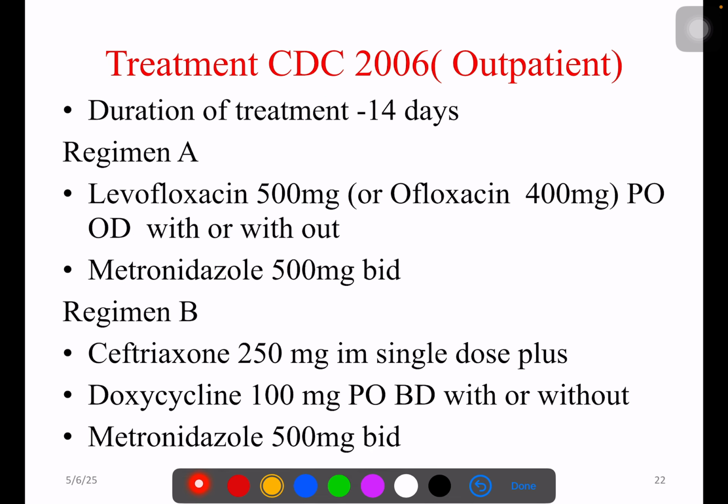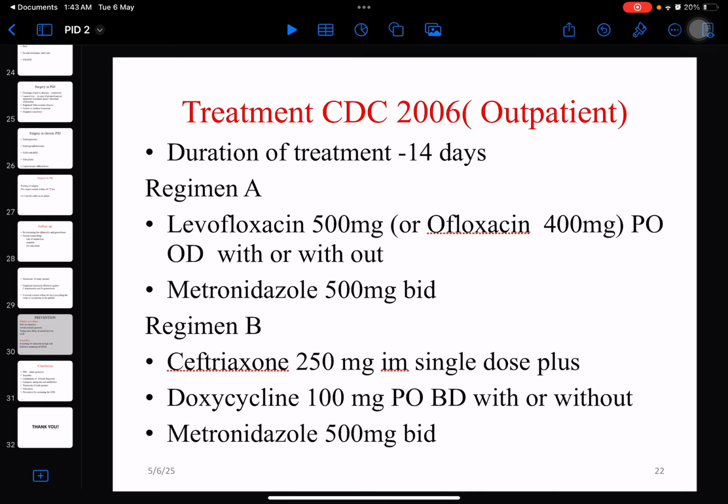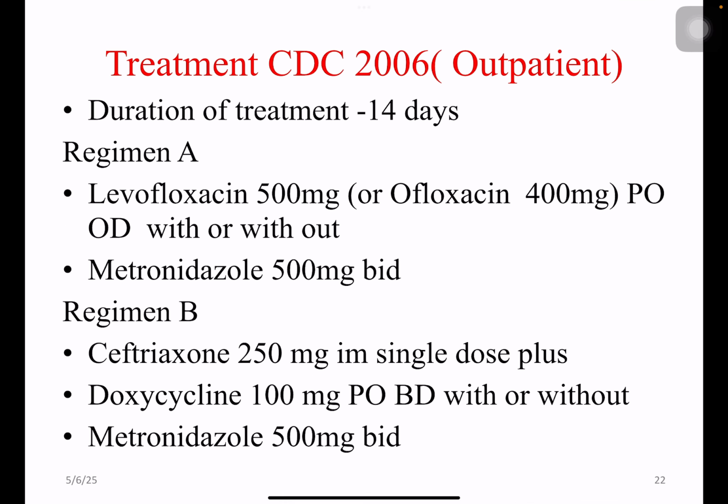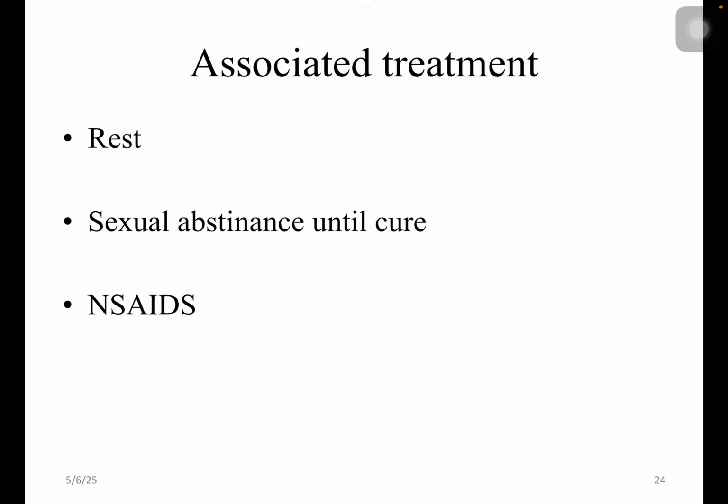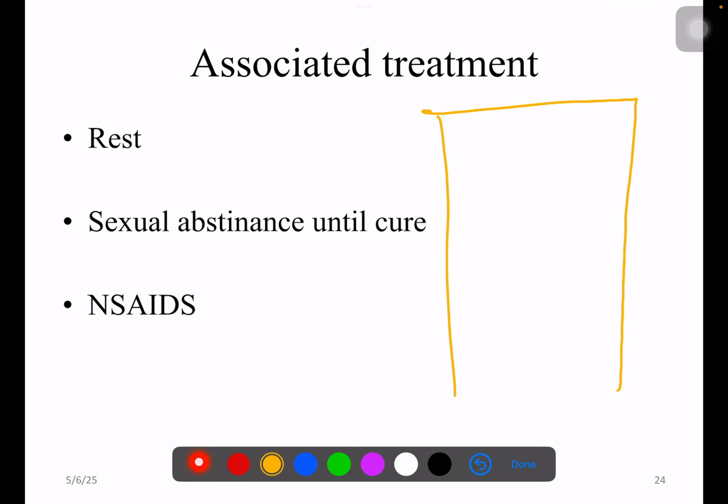Now this is very important. Whenever we talk about PID, the most important becomes the treatment regimen. So I would like you to understand it in this view. For the treatment regimen, you have to mix up all the antibiotics. There is no hard and fast rule. So how do I remember it?